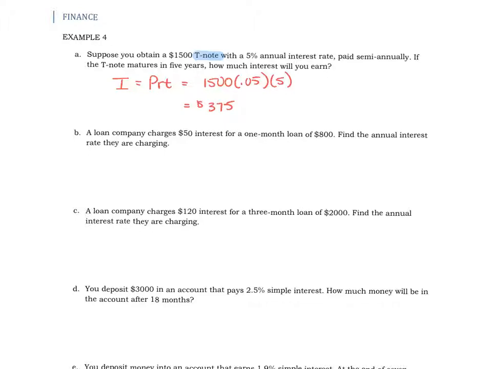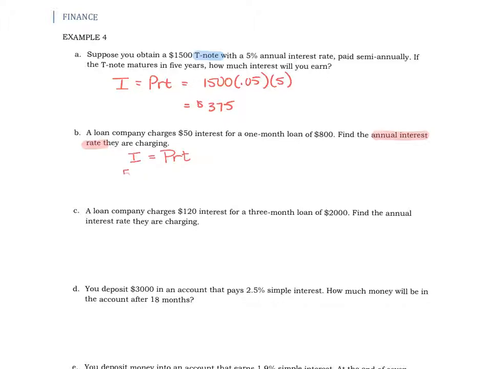A loan company charges $50 interest for a 1-month loan of $800. Find the annual interest rate they are charging. So again, we're being asked for an annual interest rate. And this is just a 1-month loan, so it's a short term. This is simple interest. So interest is your principal times your rate times your time.